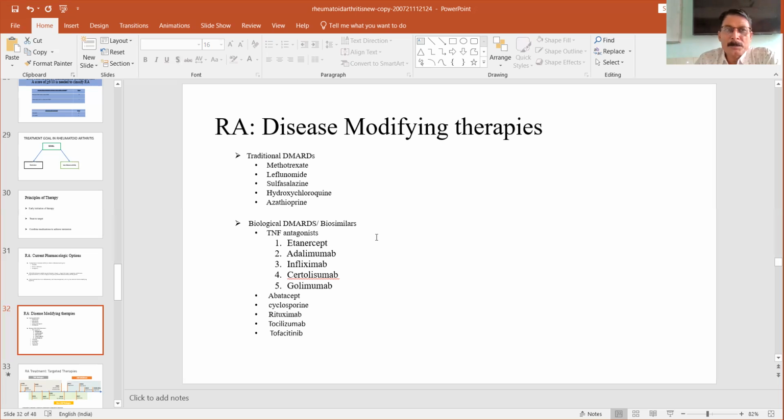Many a time people give it as an injection and subsequently continue oral therapy. The dose is 15 to 30 milligrams weekly. That is very important. If the patient gets confused and takes it every day, there will be severe depression. We have seen patients mistakenly continuing methotrexate every day, and severe depression is involved.